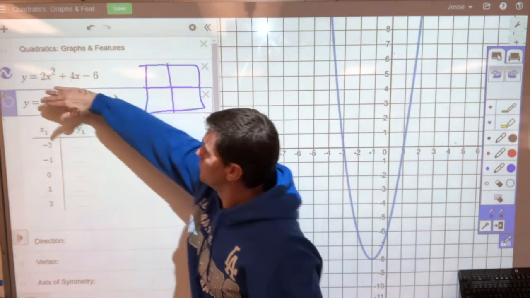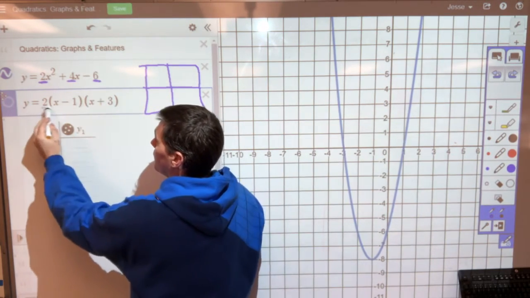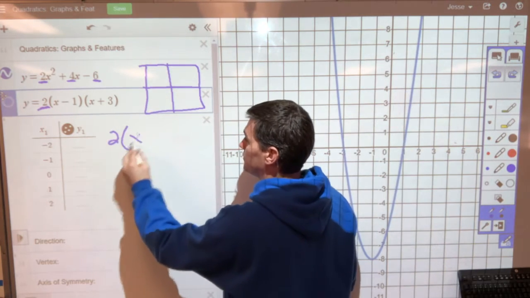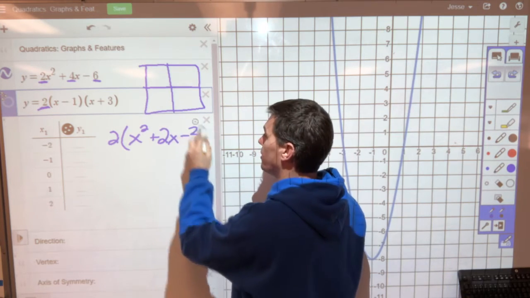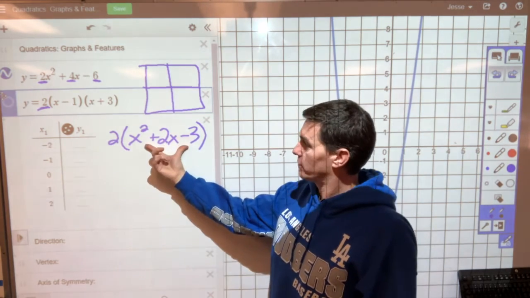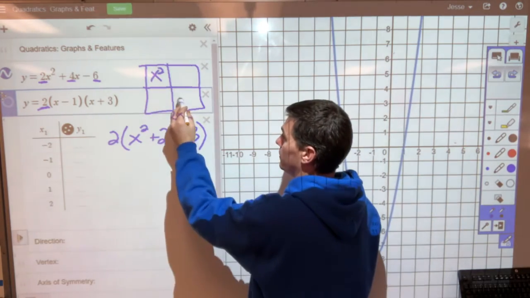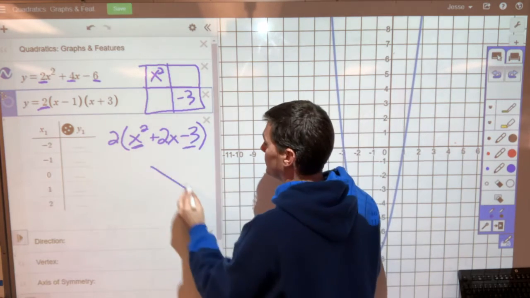Now, before you factor, you should notice that each of these has a common factor of 2. So my first step is factoring out that 2. That leaves me with x squared plus 2x minus 3. And then I can factor this using the diamond and the area model. So I place my a and my c value, and I use my diamond.